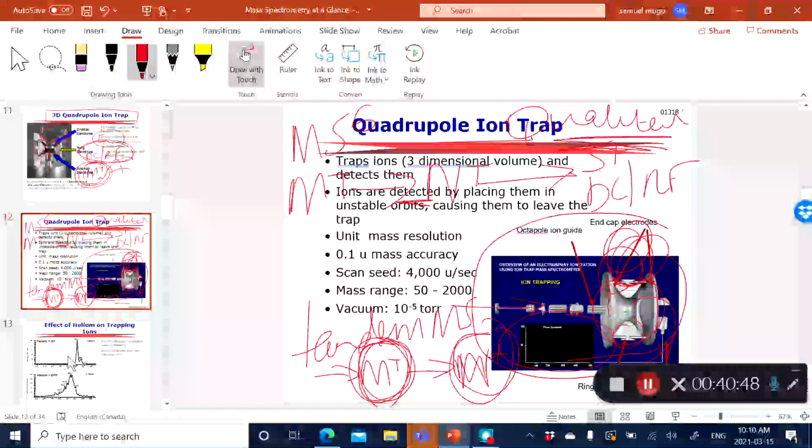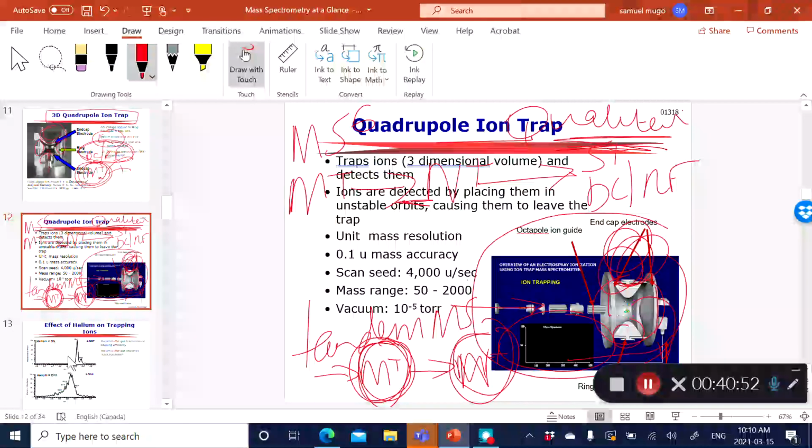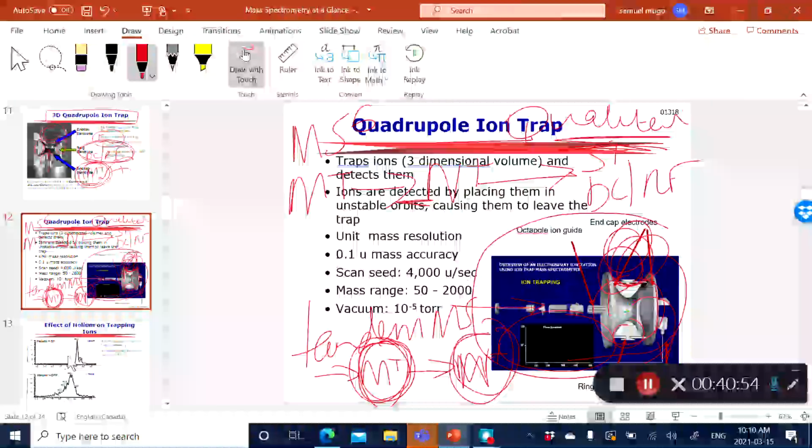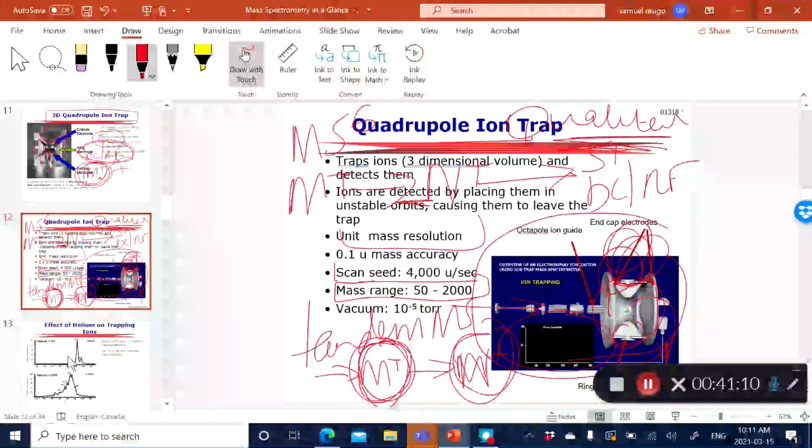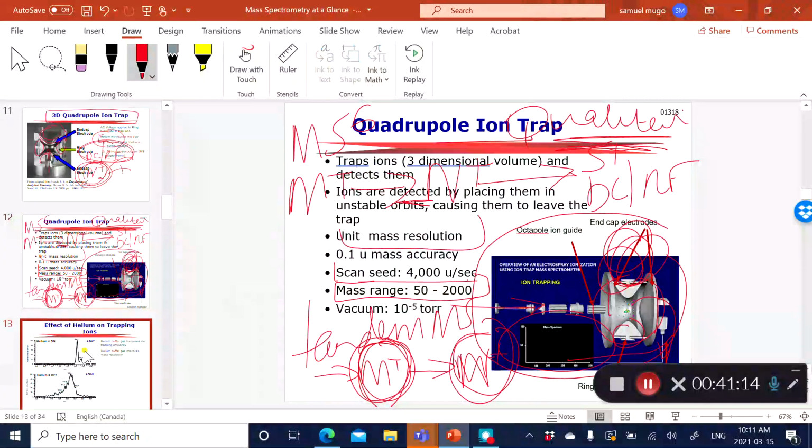So some of the advantages of these instruments, of course, is the fact that you can do tandem mass spectrometry, and maybe some disadvantages is that, of course, the resolution tends to be poorer. The resolution is poorer, and you cannot use it for very big molecules as well. Really, it's a quadrupole, so the same disadvantages of a quadrupole apply to the ion trap as well.